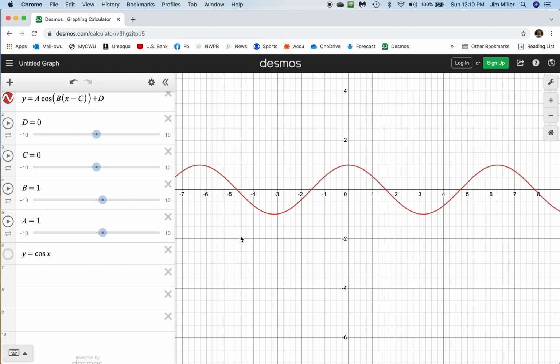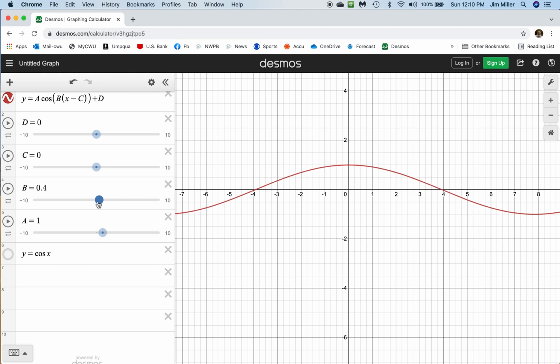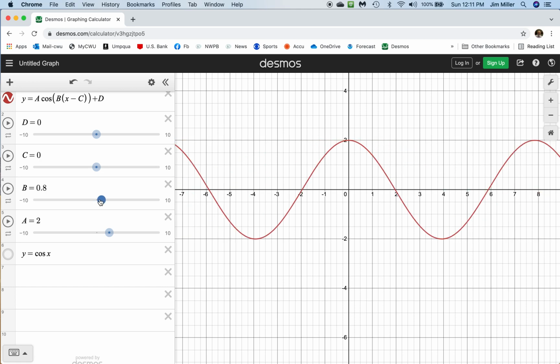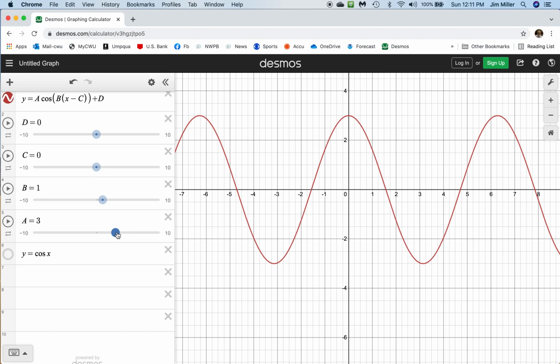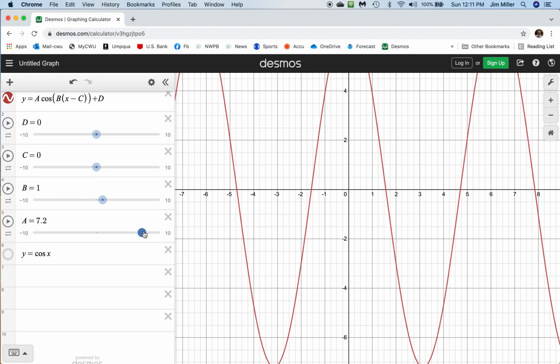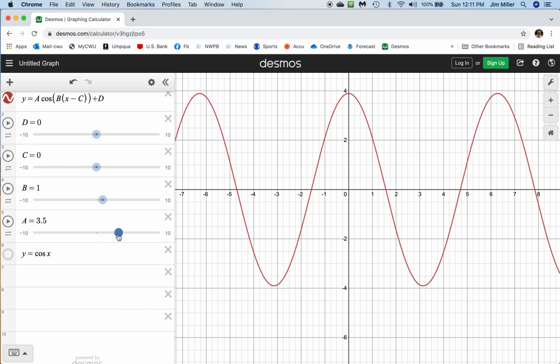If you put 2 in for a, it gets 2 times as tall, so double the stretch. If you go to 3, it's 3 times as tall. 7, 8, 9, 10, it's 10 times as tall.